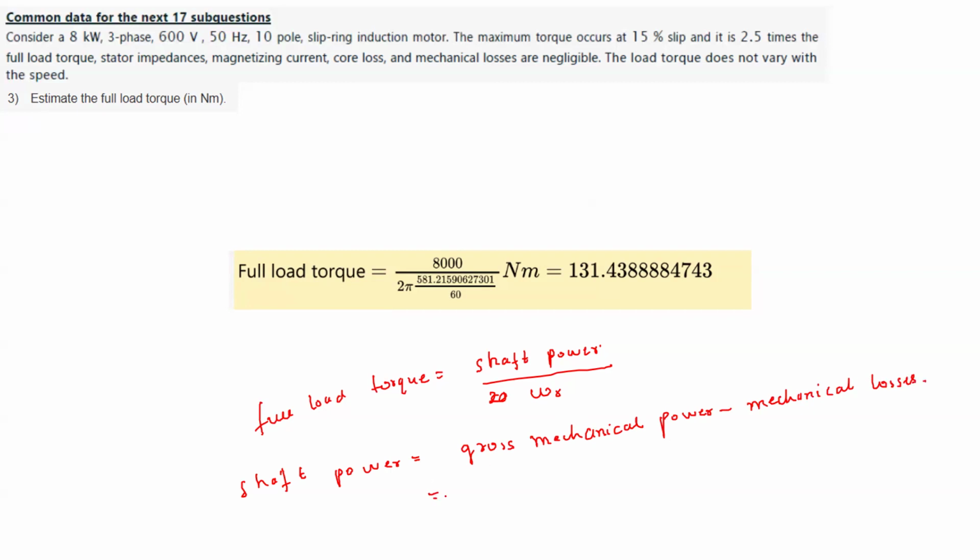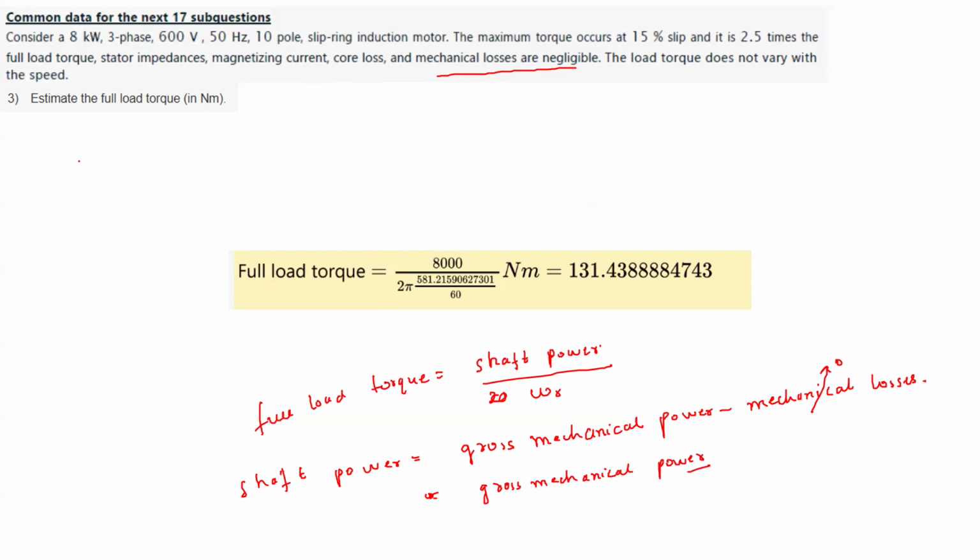Okay, and what is the gross mechanical power? First of all, what we see is that the mechanical losses are negligible. So these mechanical losses you can neglect. So this is equal to gross mechanical power. You can do it in two ways.